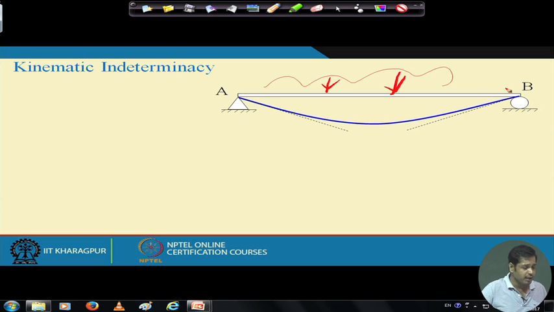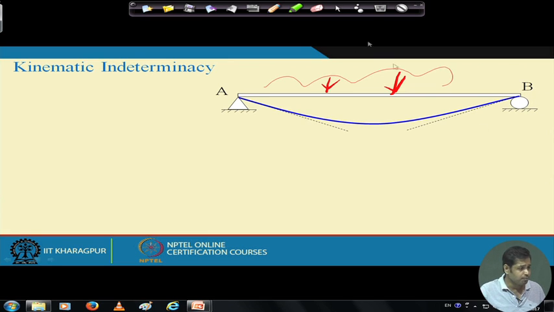Now, if it deforms like this, then what happens? Joint A undergoes deformation. Joint A is a hinge support, so it can only rotate, and joint B is the roller support. So, the only constraint at joint B is the vertical displacement, but the releases are that it can allow rotation and it can also allow translation in the horizontal direction.